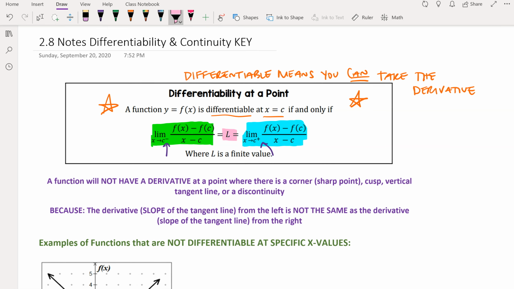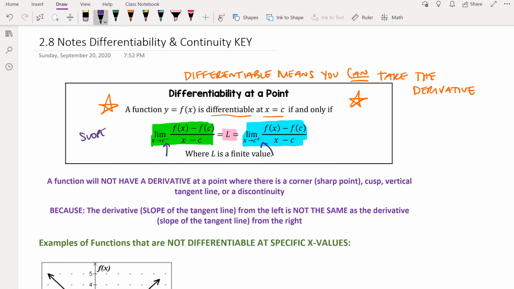So what is this saying? A function is differentiable at a point if the derivative from the left equals the derivative from the right. That's it. Now, one thing you need to remember is the derivative is the slope of the tangent line.